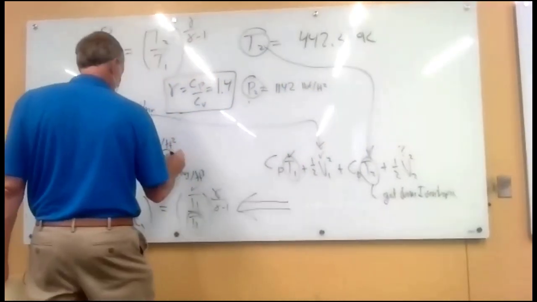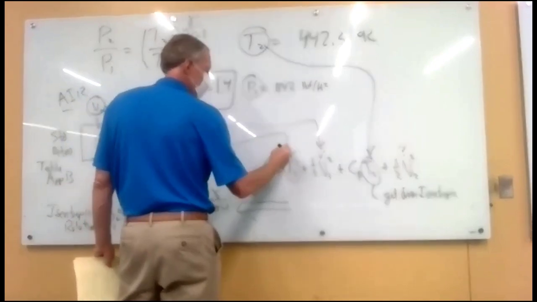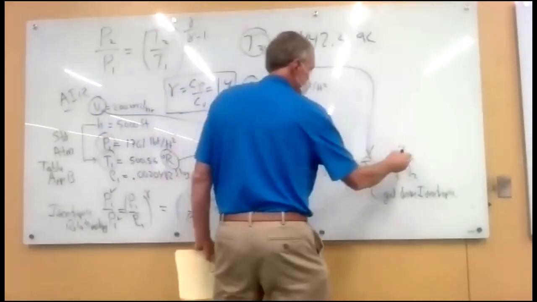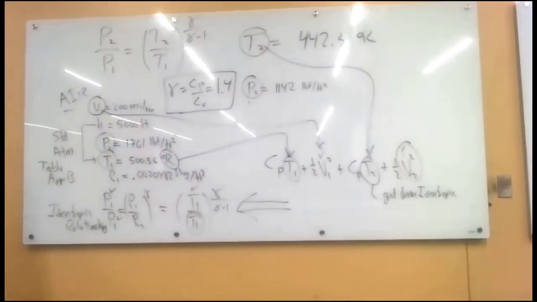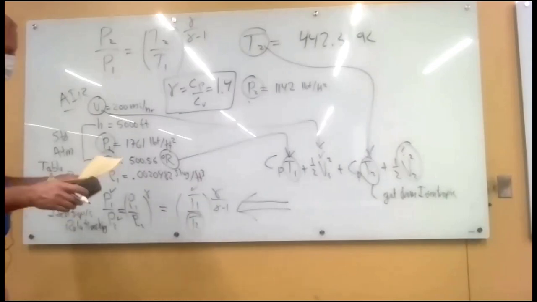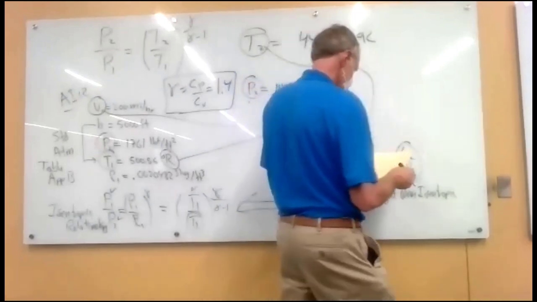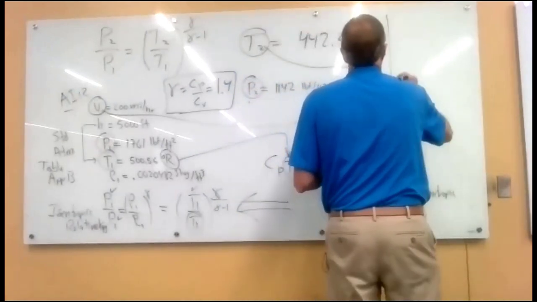T1 is that number there. And so then we're going to solve for this, right? Except, is there a problem? First, you need to know C sub P. So I'll give you that.